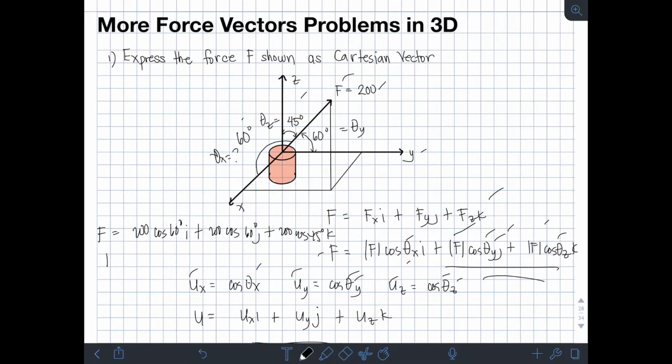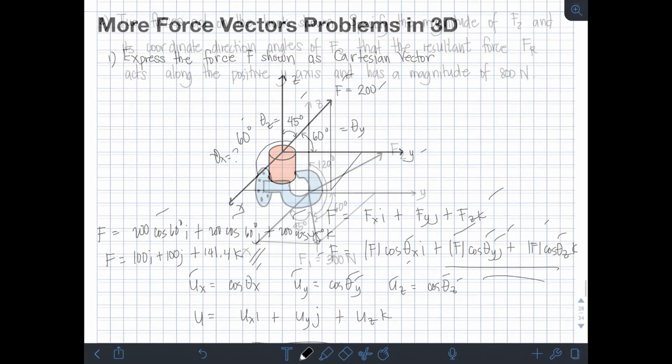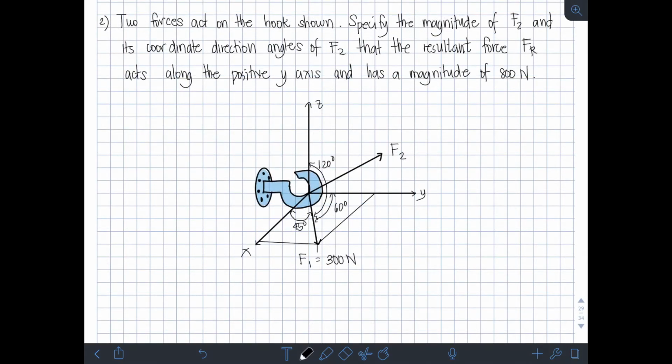So, therefore, ang final Cartesian vector natin, using calculator, simplify lang natin tong bawat xyz component. We have 100i plus 100j plus 141.4k.